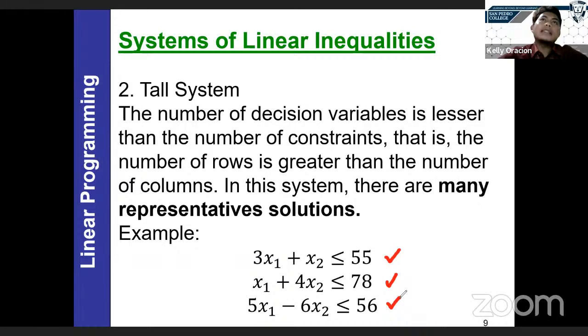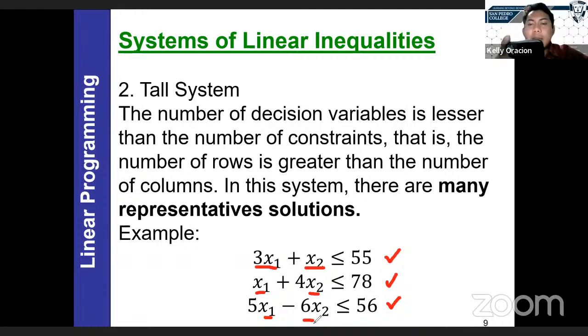There are 3 constraints. However, how many decision variables do we have? There are 2 decision variables here, x sub 1 and x sub 2. So in this case, if the number of decision variables is lesser than the number of constraints, this is an example of a tall system.